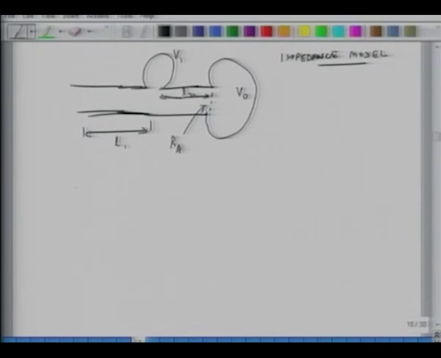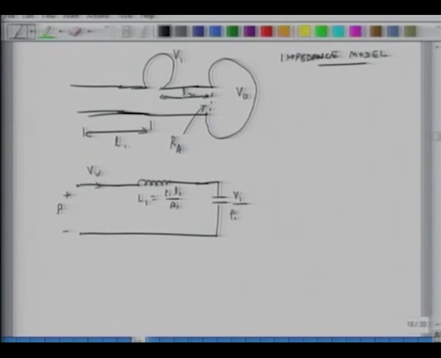So we'll very quickly construct an acoustic circuit using the impedance analogy. My across variable is pressure, and the through variable is volume velocity. It goes through the first tube, which acts like an inductor, such that L1 equals rho naught L1 over A1. Then I have an acoustic capacitor here, or a spring element, which is V1 over rho naught c squared.